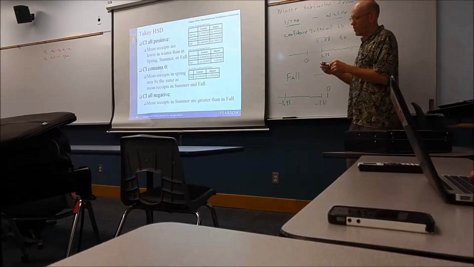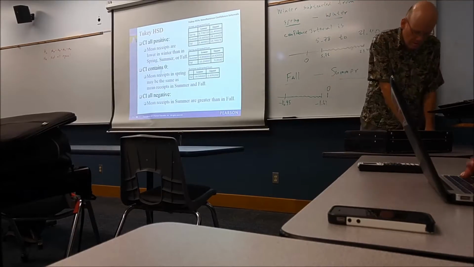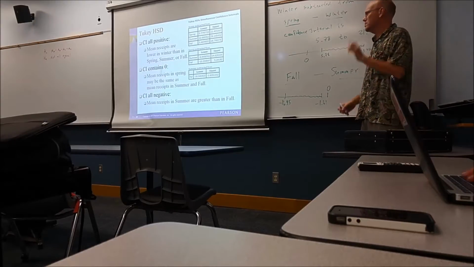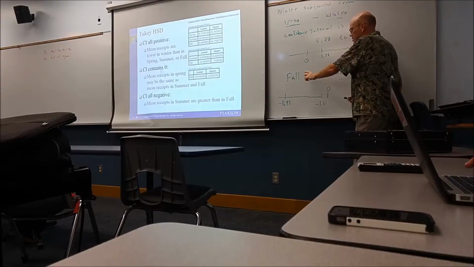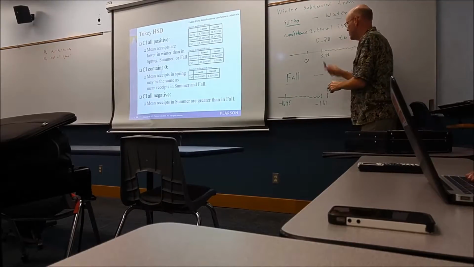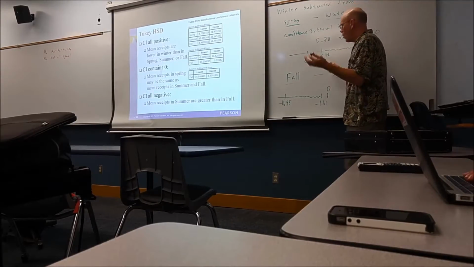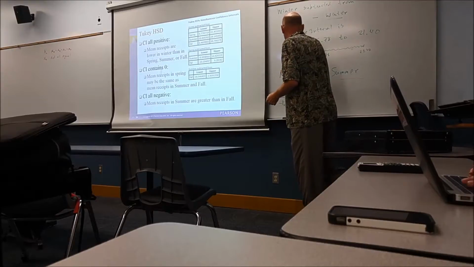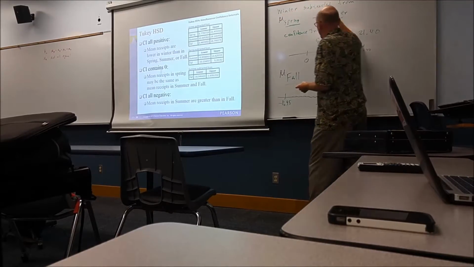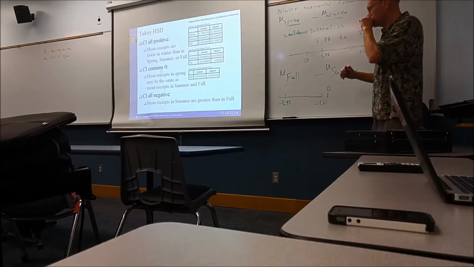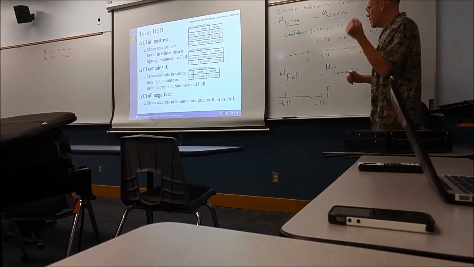Okay, also let me point one thing out right now, and that is, okay, this is a confidence interval for fall minus summer, or the mean for fall. These are really dealing with the means here. Okay, really dealing with the means.